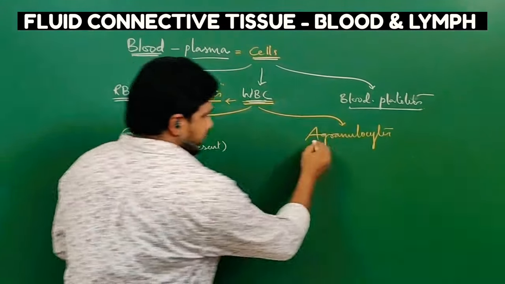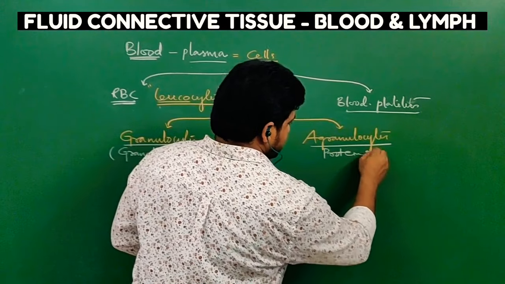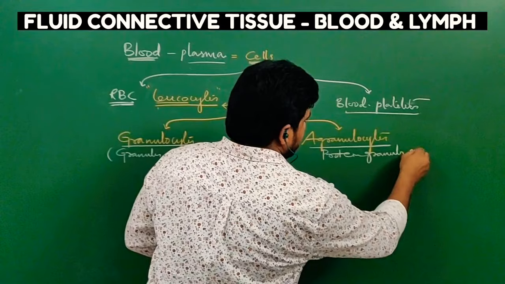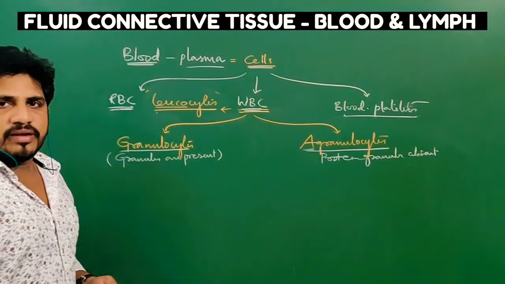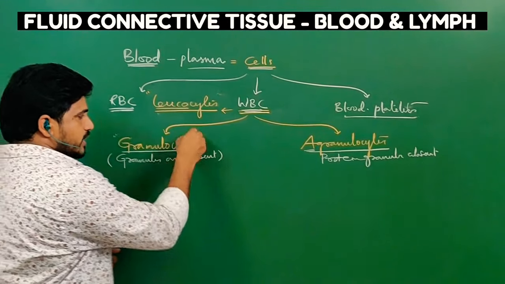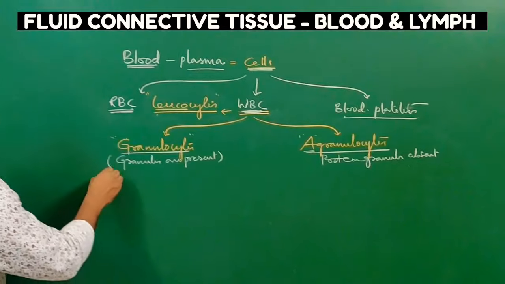Whereas in the agranulocytes, such granules, nothing but protein granules, are absent. Here A indicates absence of granules. That is the reason granulocytes means presence of granules, agranulocytes means absence of granules.